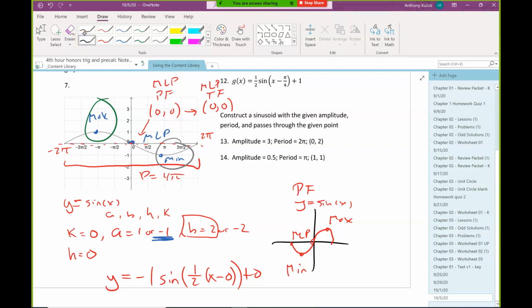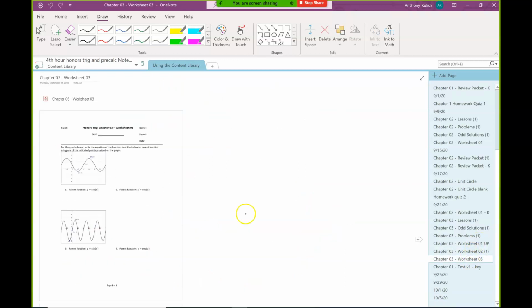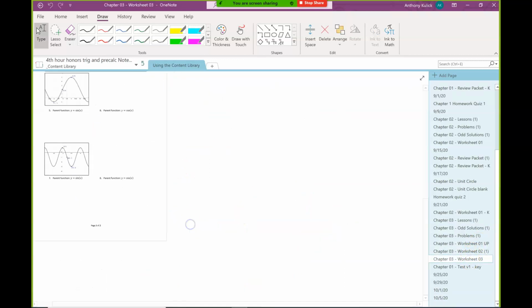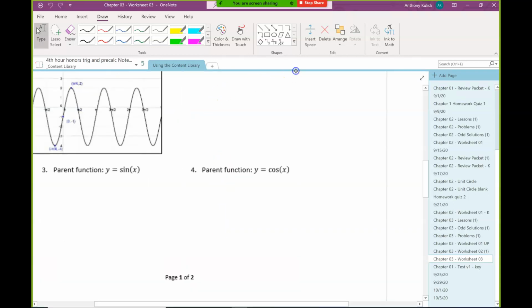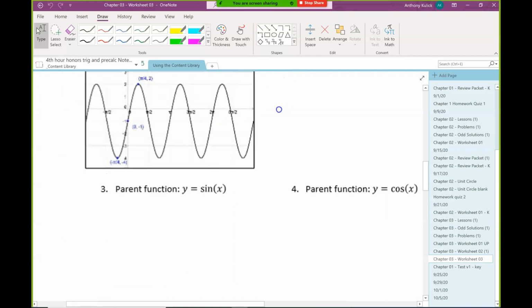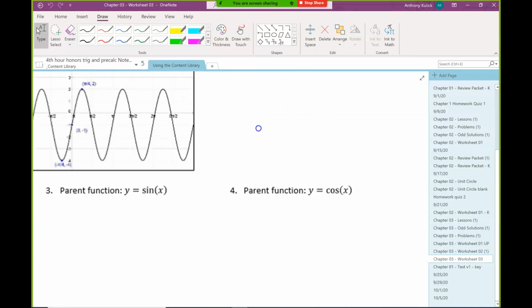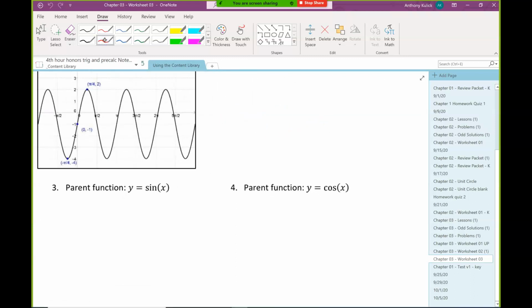Okay. And Dan, you wanted worksheet 2 number, what number? Worksheet 3, number 4. I was all wrong. Okay. Worksheet 3, number 4. So, a couple of things straight away.